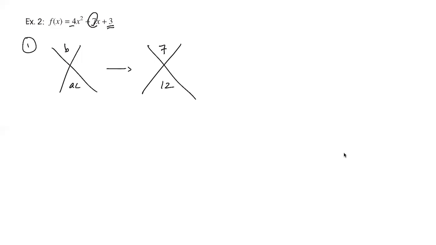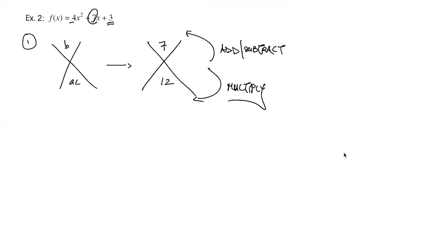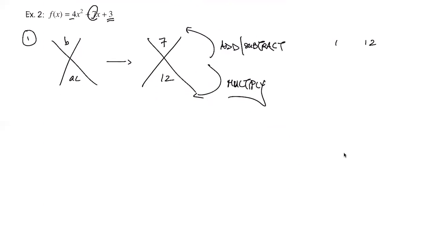Okay. So let's find the factors of 12, because we want to find numbers that multiply to make the bottom and add or subtract to make the top. All right, so to multiply to make 12, I could do 1 and 12, or 2 and 6, or 3 and 4.